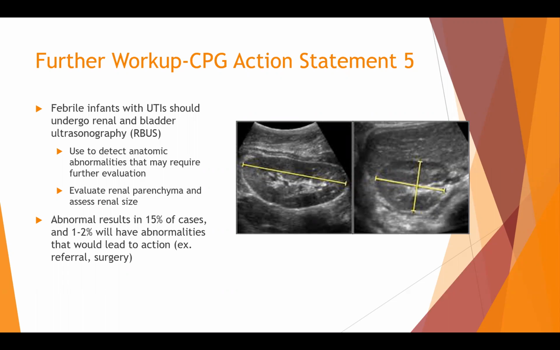So just keep that in mind, but I would still recommend getting that renal ultrasound with the first febrile UTI, because you're looking for, okay, do I have a setup in terms of vesicoureteral reflux? Do I have some sort of obstruction like a UPJ or UVJ obstruction that's setting my patient up for these UTIs?